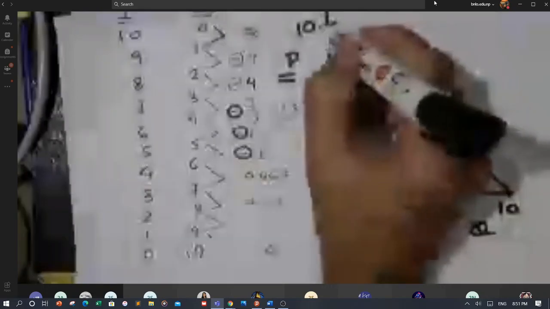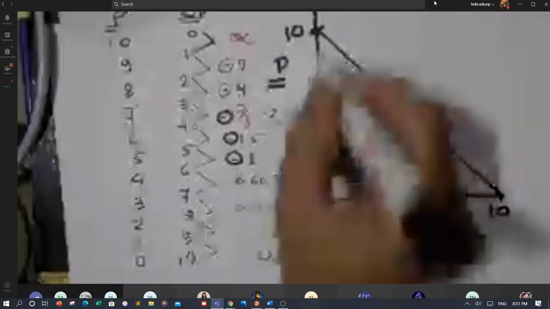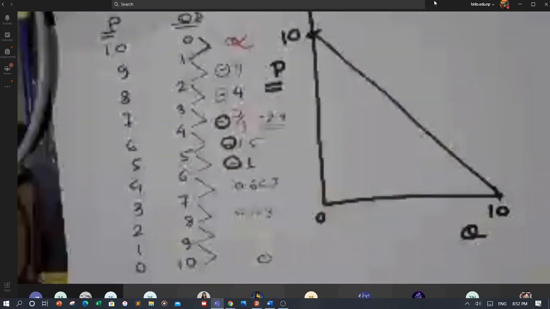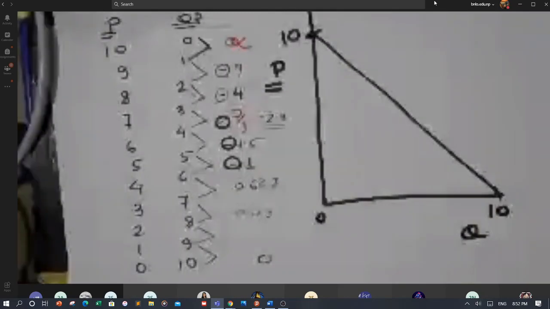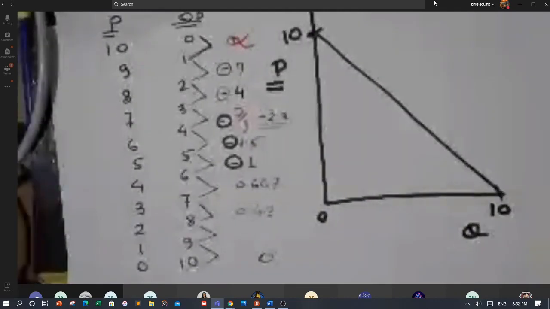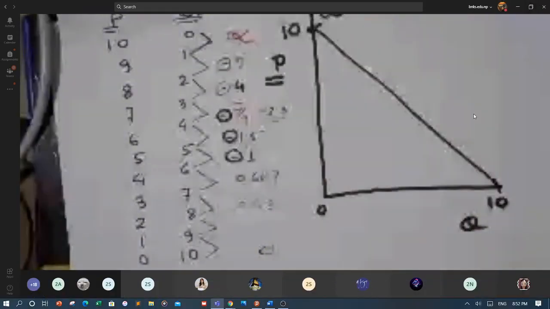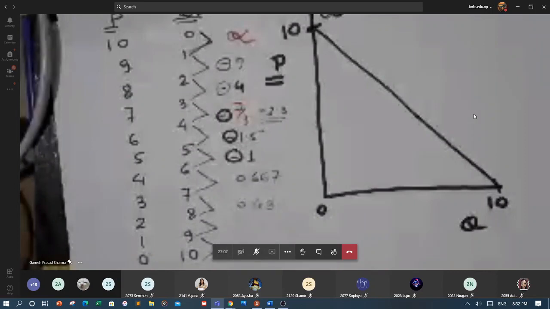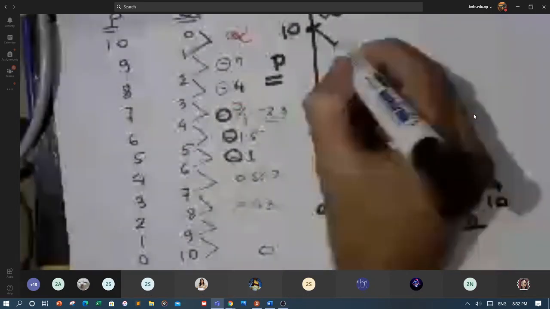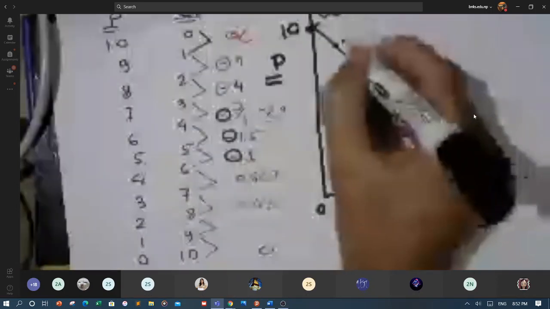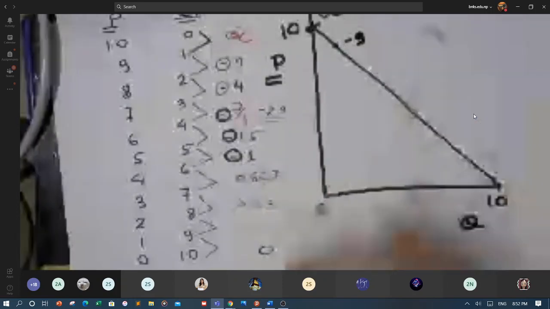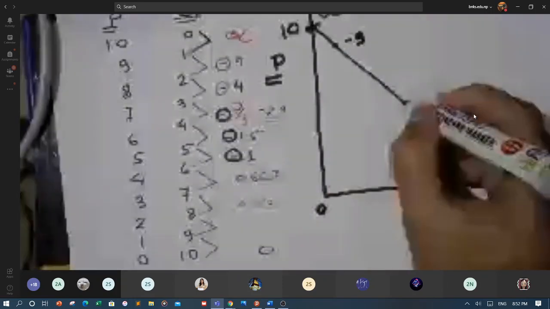Now, at this point, what type of elasticity is there? When the price is 10, what is the elasticity according to our working? At this point, it is infinity. And somewhere it is -9. The value goes on decreasing.